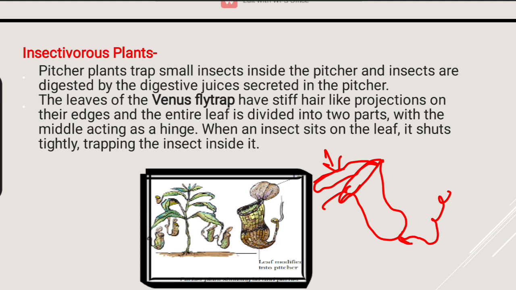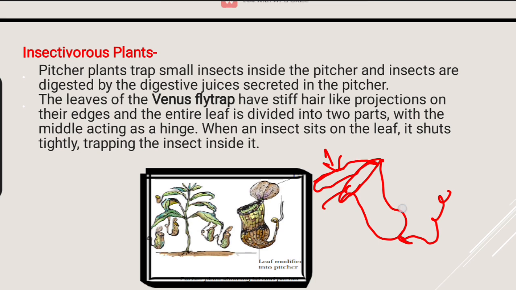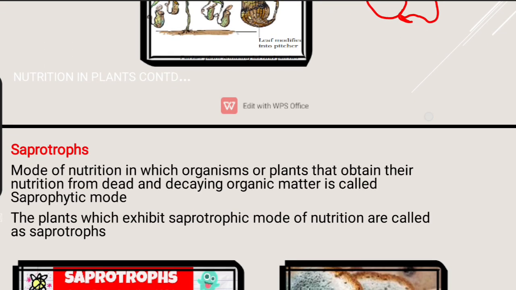After that, the leaf of the Venus flytrap has hair-like projections on its edges. The entire leaf is divided into two parts with the middle acting as a hinge. When an insect sits, the leaf shuts tightly, trapping the insect inside, and they obtain food from that insect.